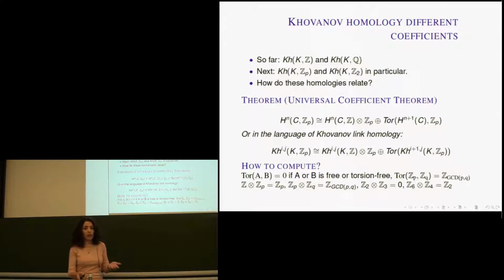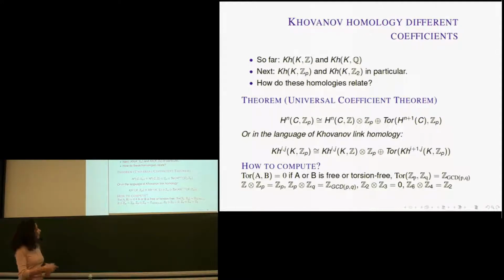Or if you have 4 of something, it's like it's not there. So working over Z2 means the coefficient can be either 0 or 1. Okay, so basically we can compute Khovanov homology in general with Zp coefficients for, let's say, any prime p, or Z2 in particular. That's a very useful one.